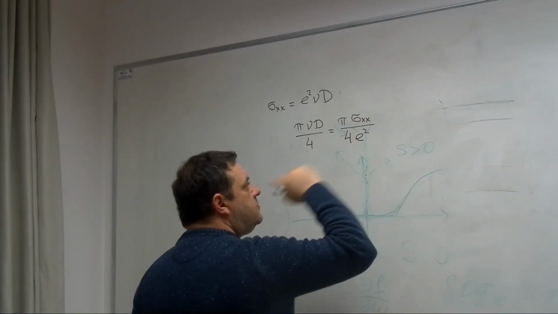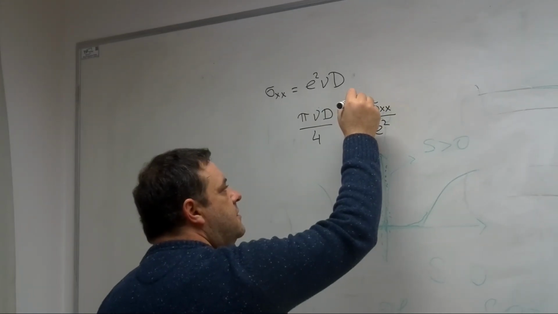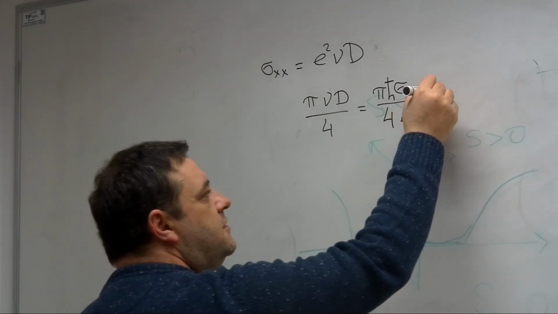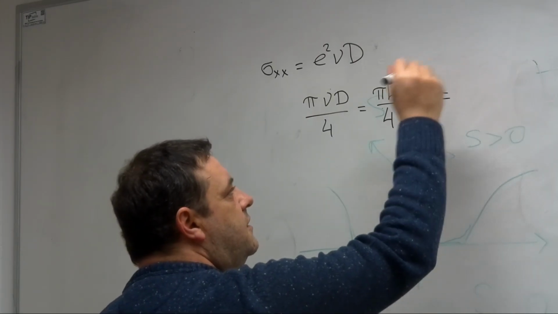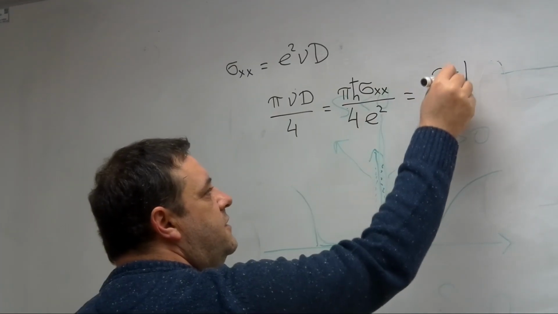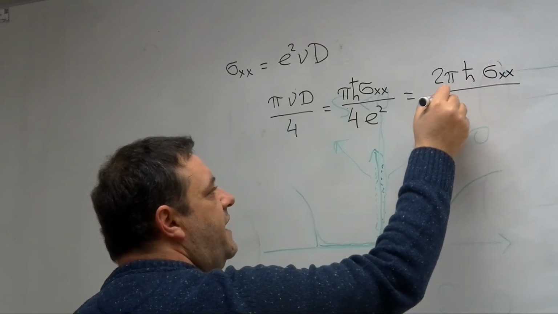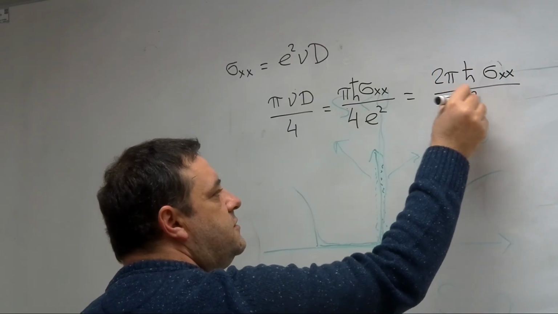So I will also add h bar here because I usually omit it, and then this is 2 pi h bar sigma xx divided by 8 e squared.